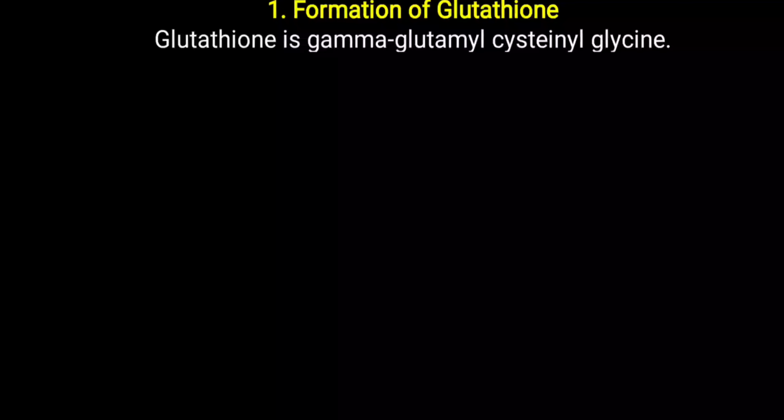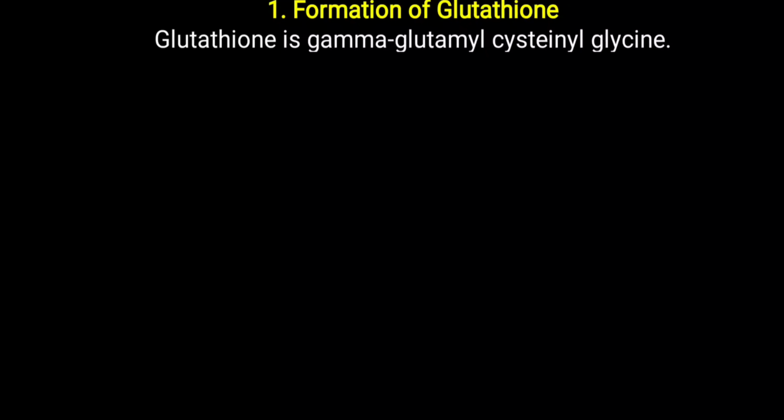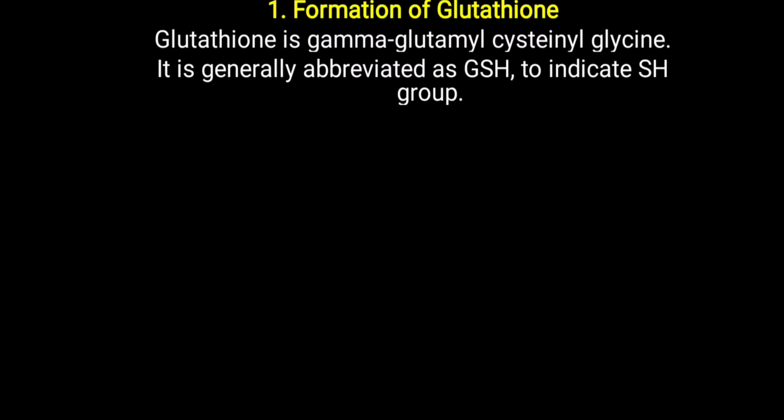So, formation of glutathione. Glutathione is gamma glutamyl cysteinyl glycine, meaning 3 amino acids: glutamic acid, cysteine and glycine. It is generally abbreviated as GSH. G means glutathione, SH means the sulfhydryl group, which is the active group present in glutathione, and which is contributed by the amino acid cysteine. So it indicates the SH or sulfhydryl group.